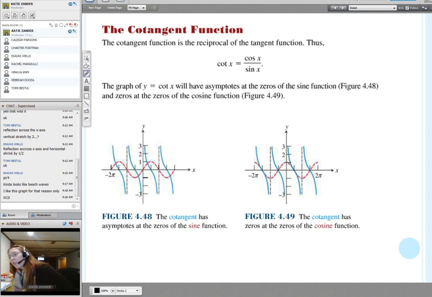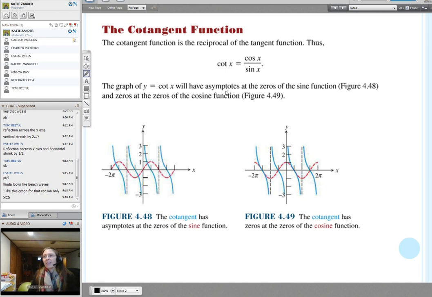Okay, we've got 3 more functions to talk about here today. They're going to go pretty quickly though, because now that we've seen the tangent function and how we can find those vertical asymptotes based off of the fraction that's created, the rest are just going to follow suit. So for cotangent, that's the reciprocal of tangent, right?